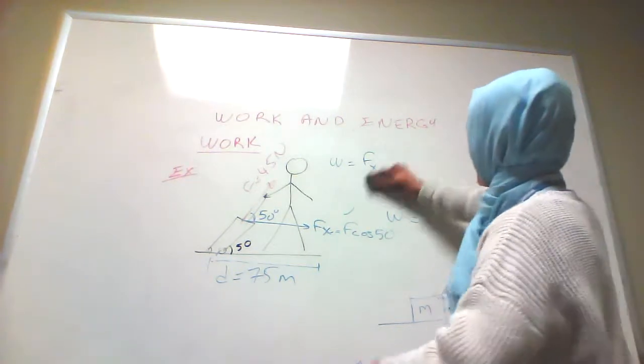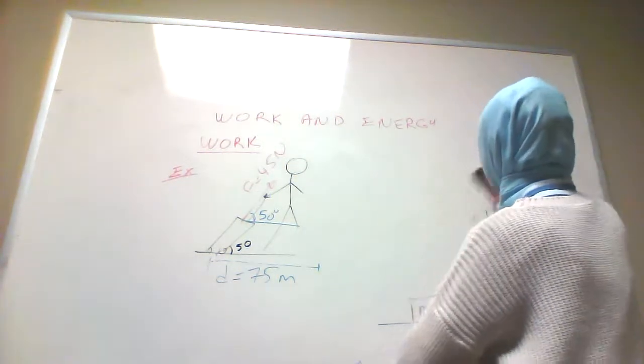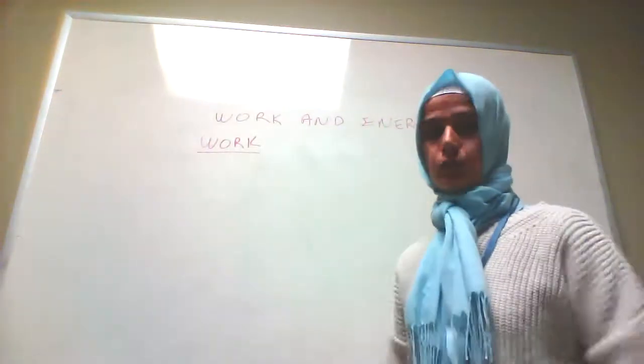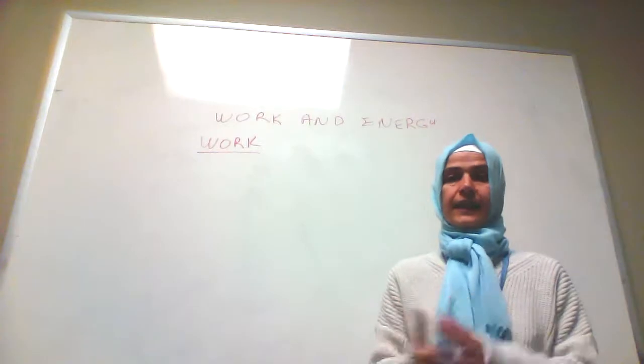We learned about graphs and how to deduce some information from graphs. We're going to do the same thing here. It simplifies the situation a lot. If we apply a constant force to an object and move it a distance, we can find the work, force times x.